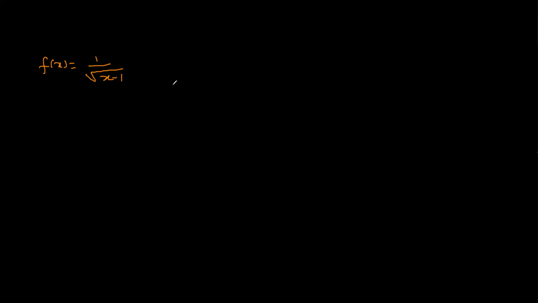You know anything under the root is always positive, and you also know the denominator is never zero, right? So you can say x minus 1 is greater than 0 only, not 0, because this is in the denominator.